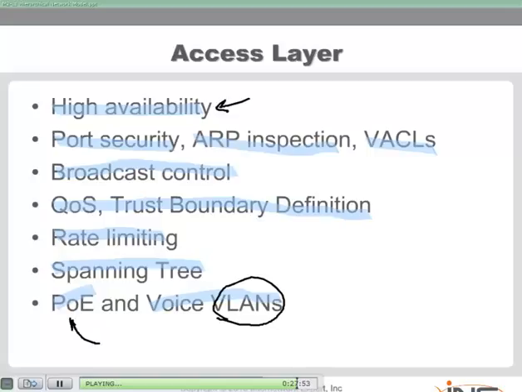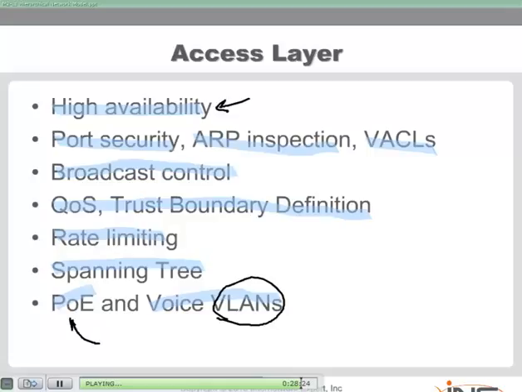So again, while this model of access, distribution, and core is over a decade old, and while it has been improved upon, it's still something that we absolutely have to master. Okay? Because we don't abandon it completely. We're just going to, in the next lesson, see how we can expand and improve upon it with something called the Cisco Enterprise Architecture Model.